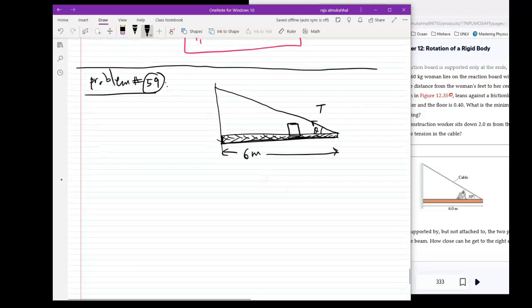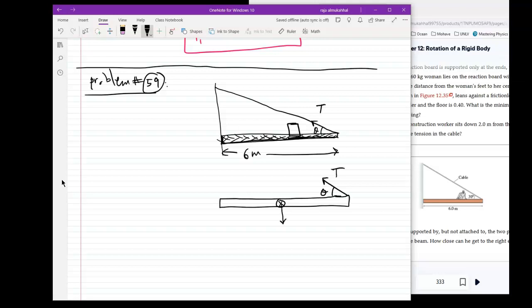Okay, so how do we do it? Well, you want to reduce this problem into a free body diagram. So here is the beam. And I have the tension going this way. Here's the angle theta. I'll come back to this number later, T. And then I have the mass of the beam itself right here.